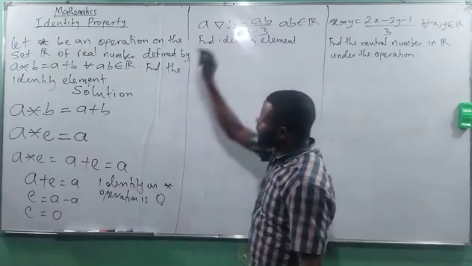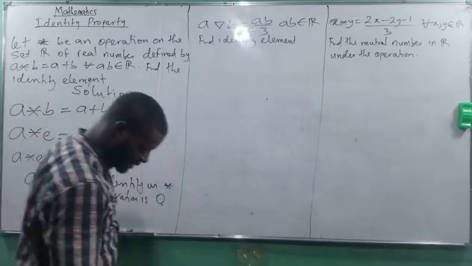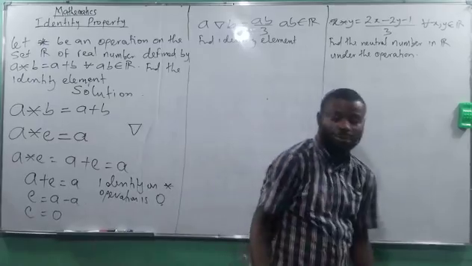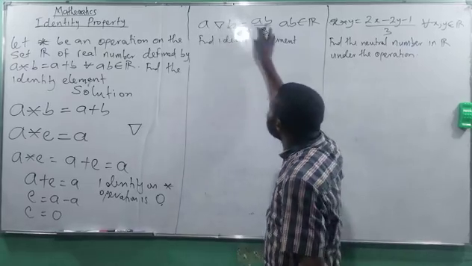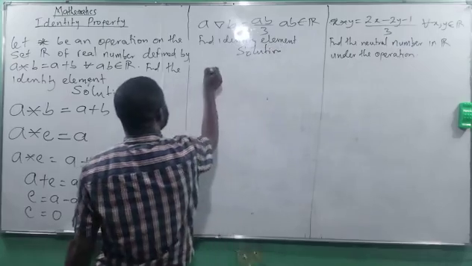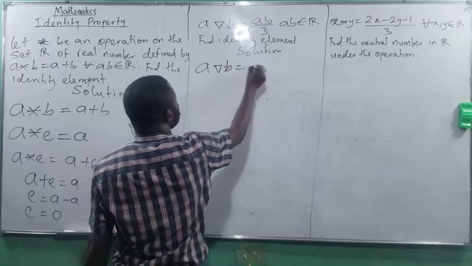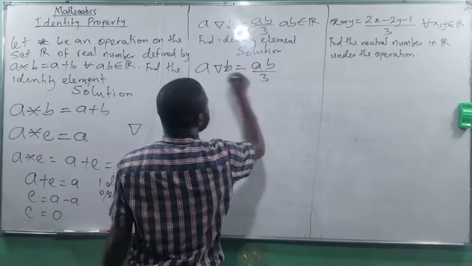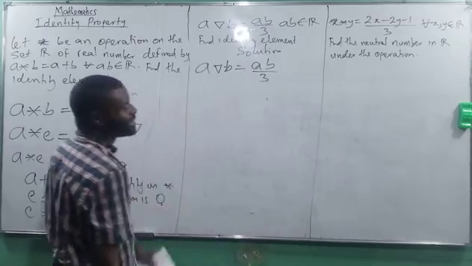Now this is the operation that is being shown there. I've told you earlier that anything can come out as an operation, depending on how the question comes. It's being defined by A operates with B equals AB divided by 3, for all A, B belonging to R. Find the identity element.